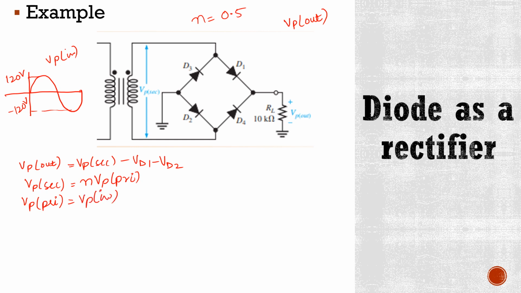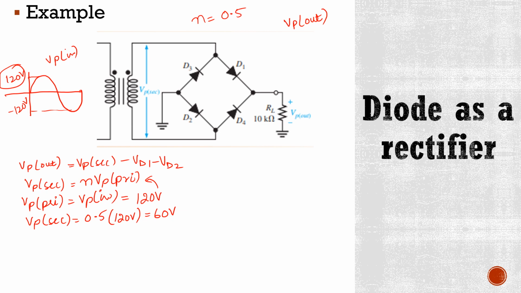This peak primary voltage is equal to the peak input voltage. Here this peak input voltage is 120 volts. It means this peak primary voltage is 120 volts. Now we put this value here. So peak secondary voltage is 0.5 multiplied by 120 volts, which will give us 60 volts. Okay.